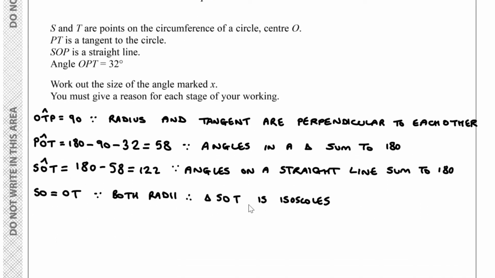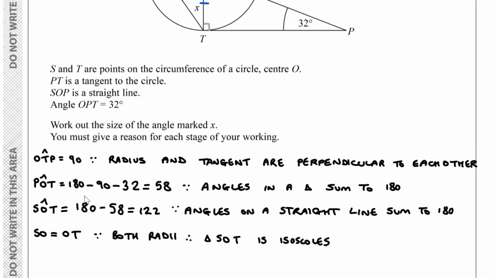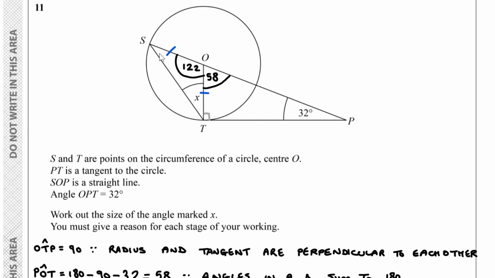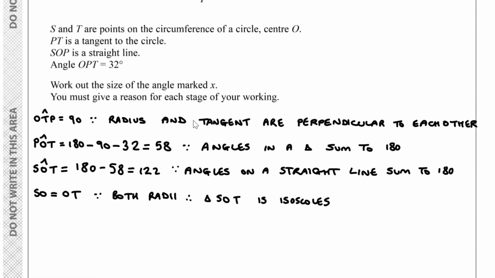So therefore triangle SOT is isosceles, and therefore this angle here will be X as well, because the base angles in an isosceles triangle are equal.